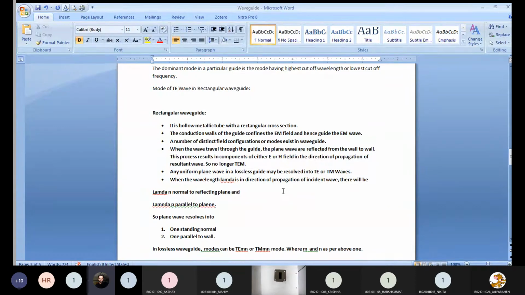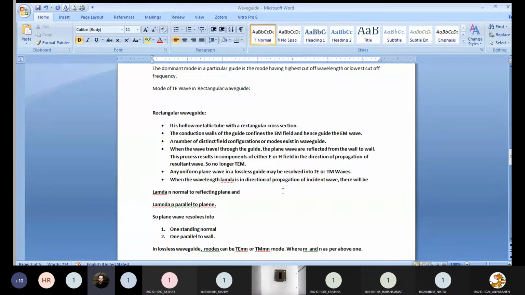In this rectangular waveguide, for the TE mode, TE10 is the dominant mode.